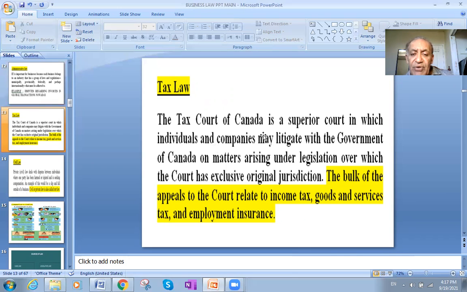The Tax Court of Canada is a superior court in which individuals and companies may litigate with the Government of Canada on matters arising under legislation over which the court has exclusive original jurisdiction. The bulk of the appeals to the court relate to income tax, goods and services taxes, and employment insurance, or the EI.